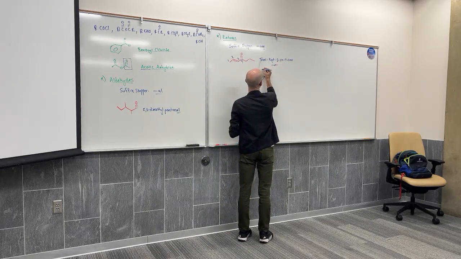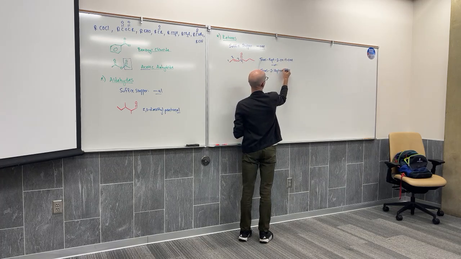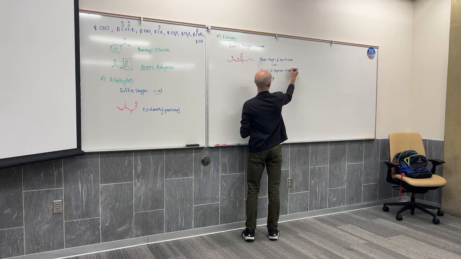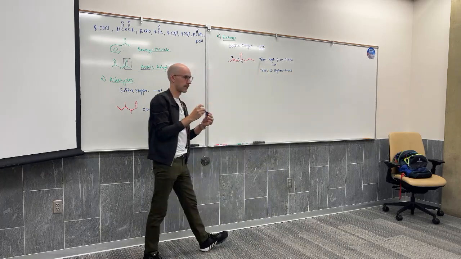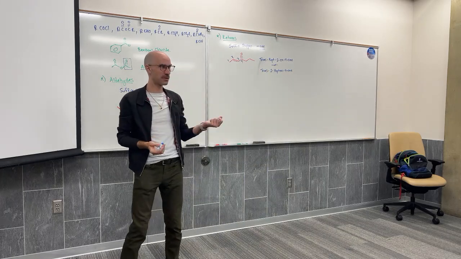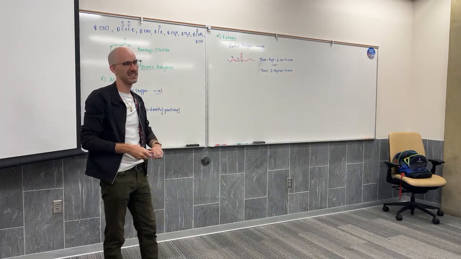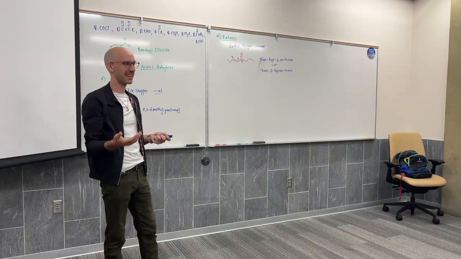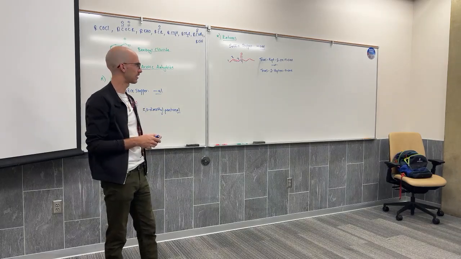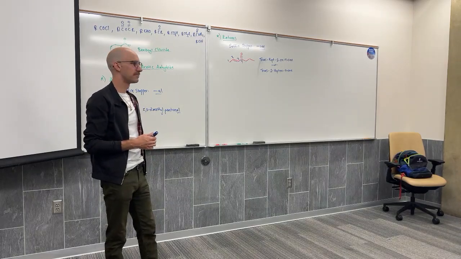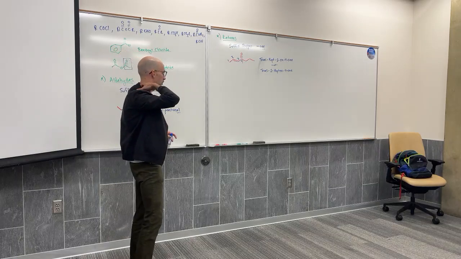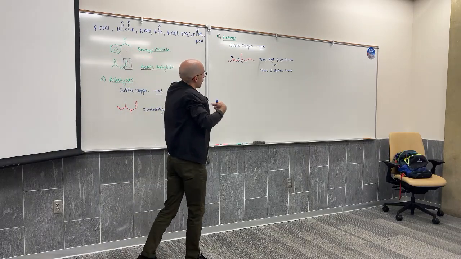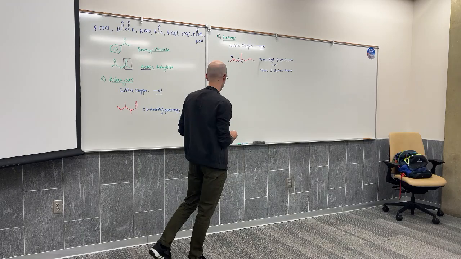You can put the first suffix locant before the root. Isn't it a shame you can't put both of them before the root? Then it would just get kind of muddy and mucky and gross. So, trans-2-hepten-4-one or trans-hept-2-en-4-one.